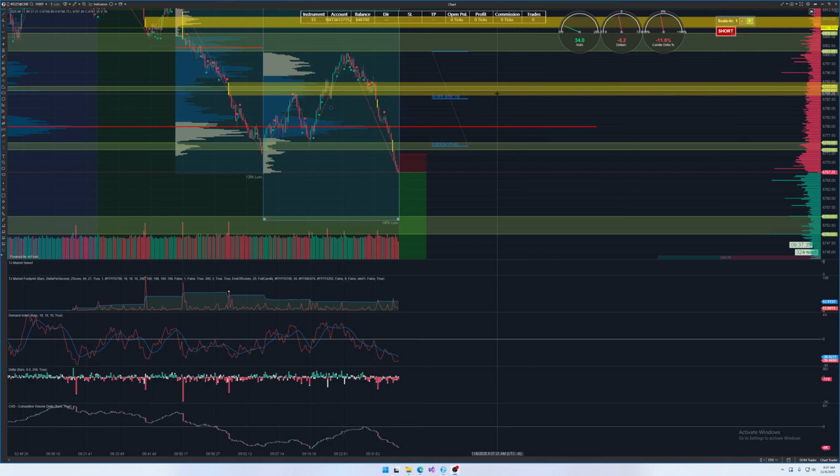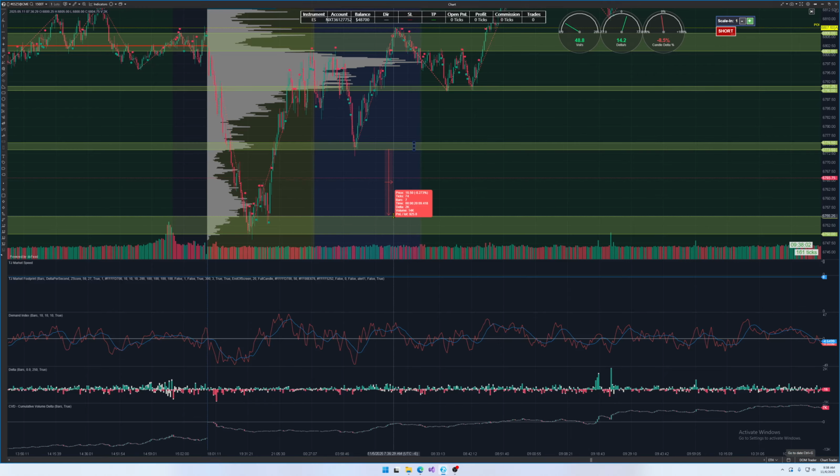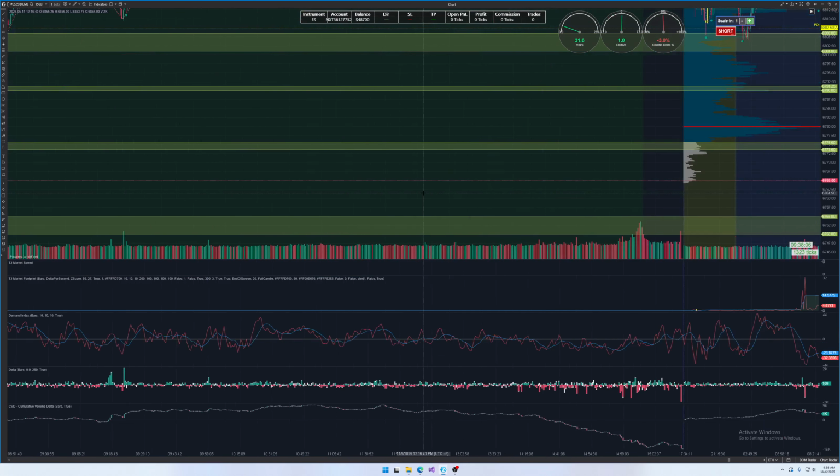The next support level is down here, which is about 75 ticks, but actually I hope that the market will go back. So let's see, 50% would be here. That's quite a high volume node it had.